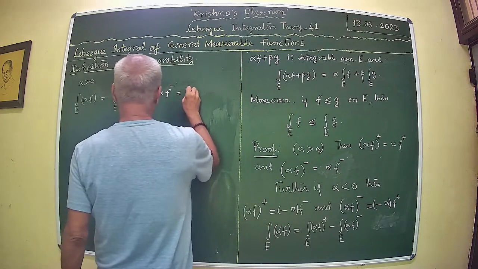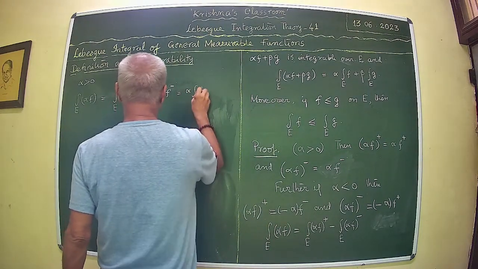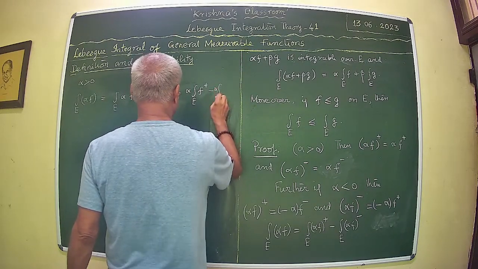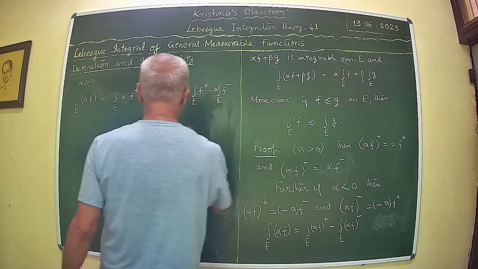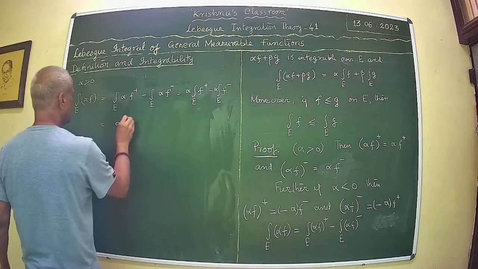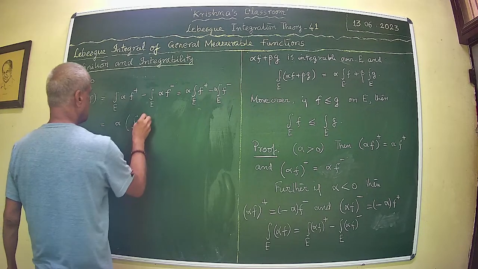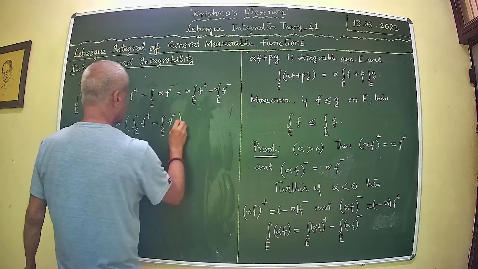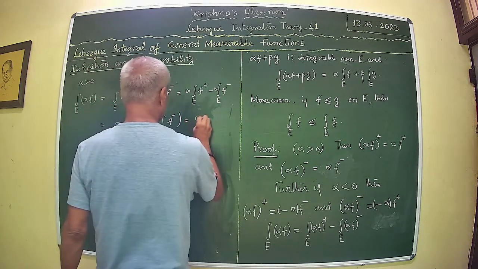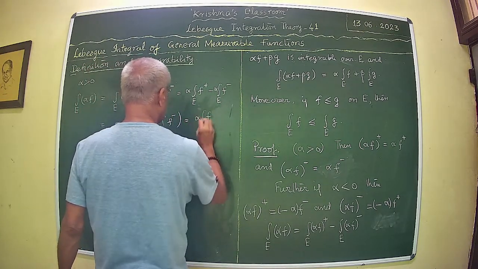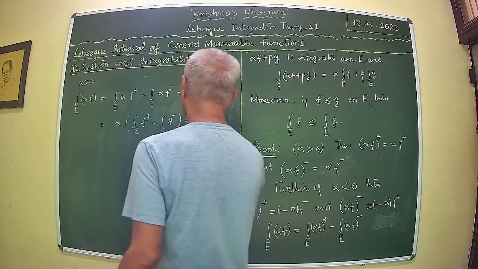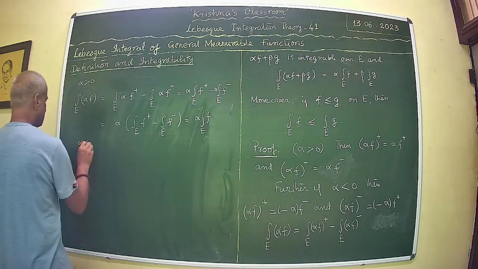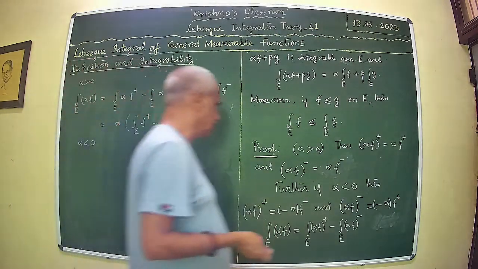This is equal to alpha times the integral over E. What about negative? Alpha equal to 0, there is nothing to prove.